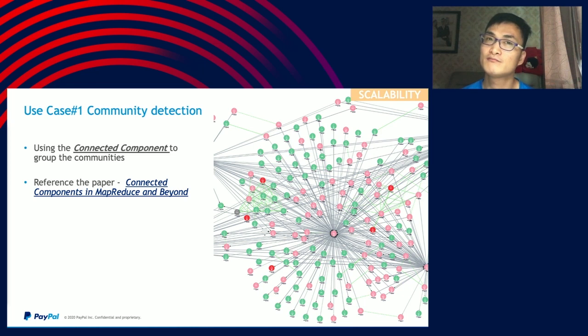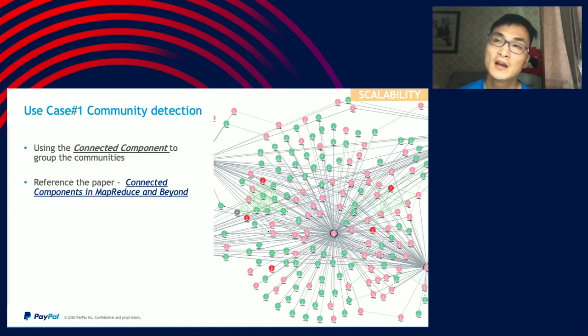For community detection, there are a lot of algorithms that we can use, and connected component is one of them. It is a very simple one, and also a very commonly used one. I think some of you may have some experience of using it in your graph computation as well.